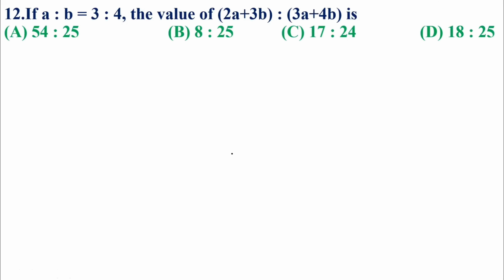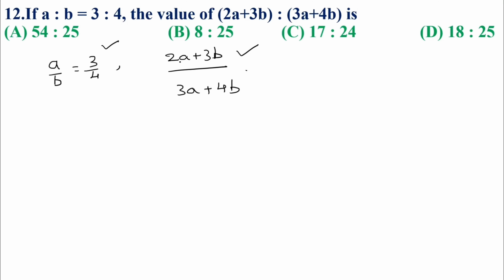It will be tricky. They have given A by B is equal to 3 by 4. I need to calculate 2A plus 3B by 3A plus 4B. So you have to use this A by B is equal to 3 by 4 in this value to get the total.